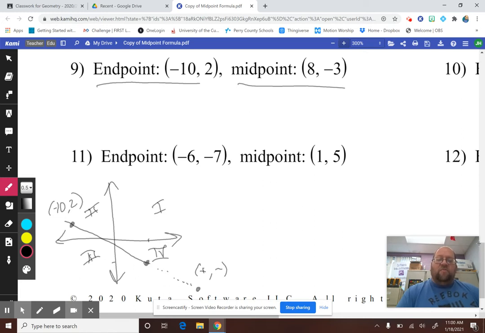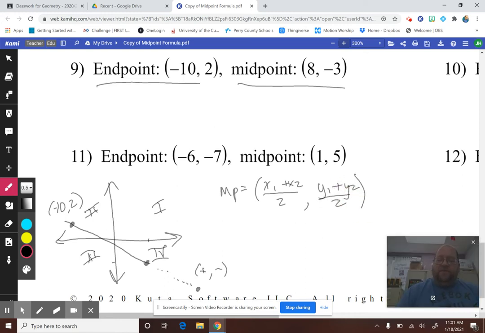Okay, let's go back to our formula, and I want us to start plugging in what we actually know. Okay, so again, let's look at this. We have our midpoint equals x1 plus x2 divided by 2, and y1 plus y2 divided by 2. So that is our formula that we've been using this whole time to help figure these out.